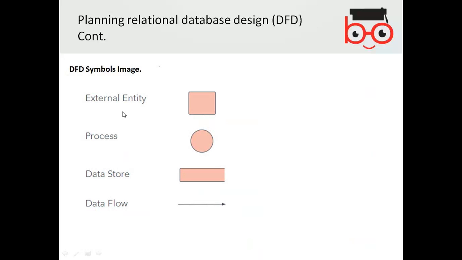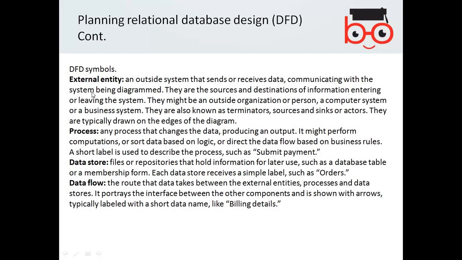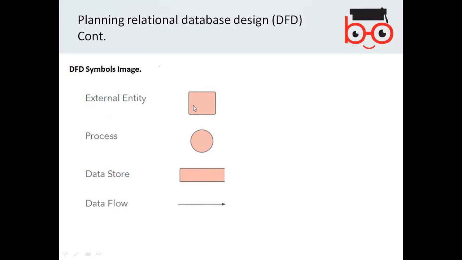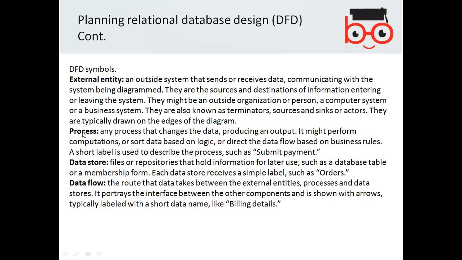Particular names are given to these symbols: external entity is a square, process is used in a circle, data store is a kind of square but with the edges on the right side cut, and data flow is an arrow. So normally these are the symbols: external entities, process, data store, data flow.